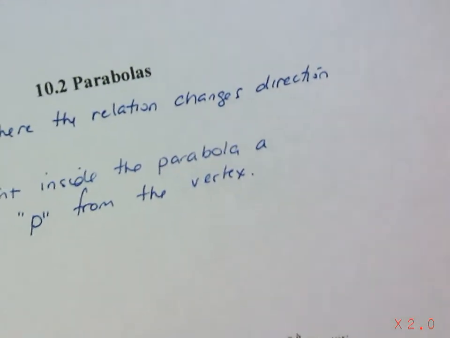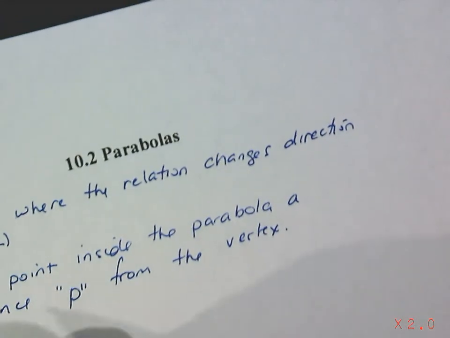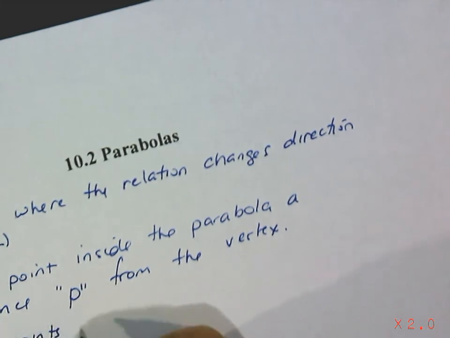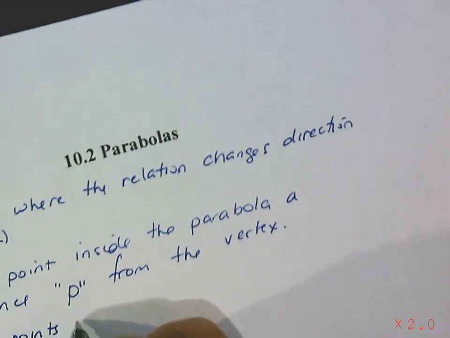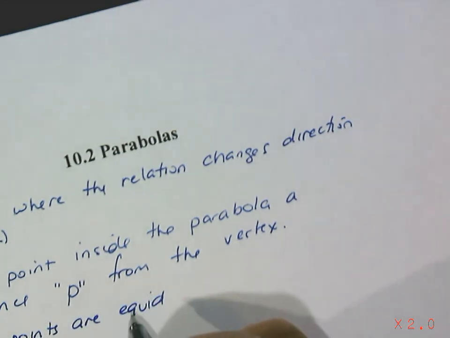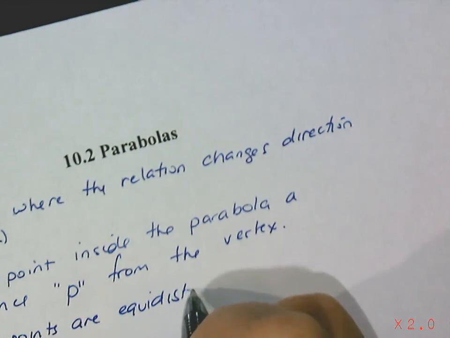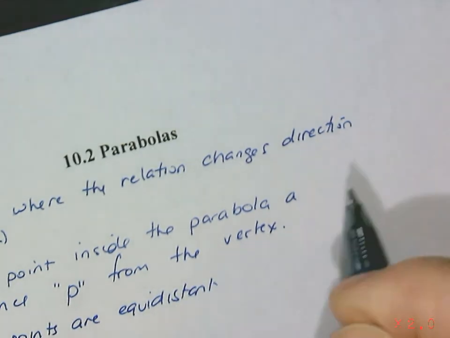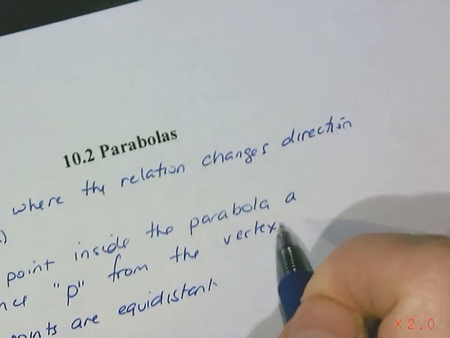So the directrix is all the points that form a line equidistant from the focus and directrix.